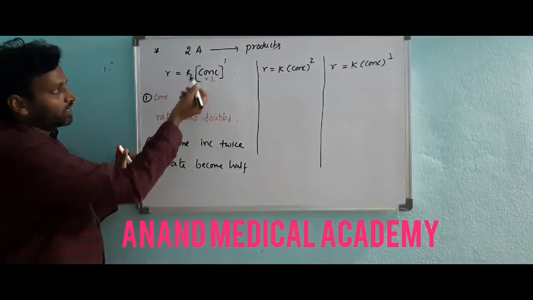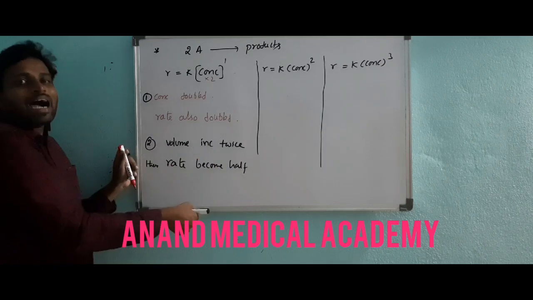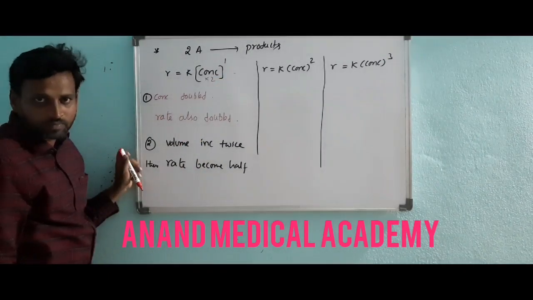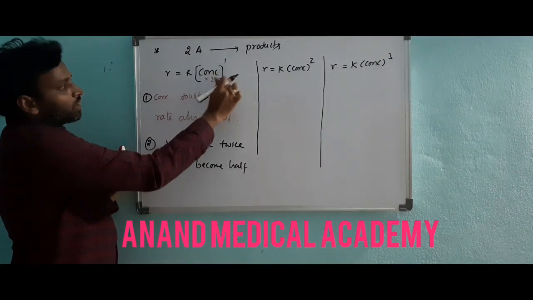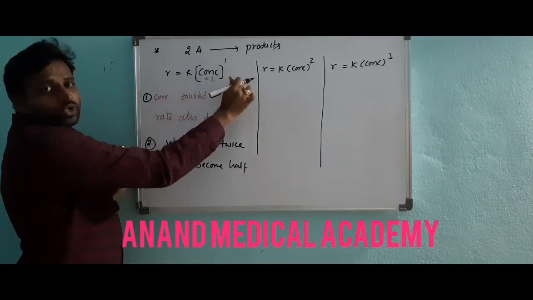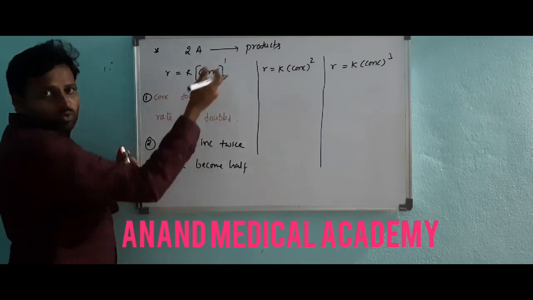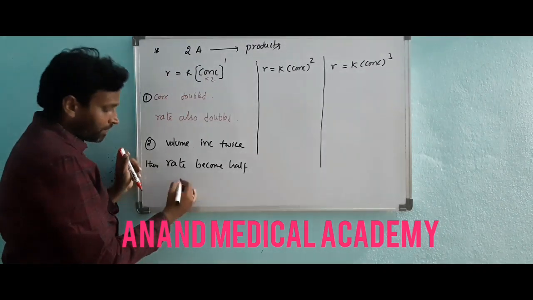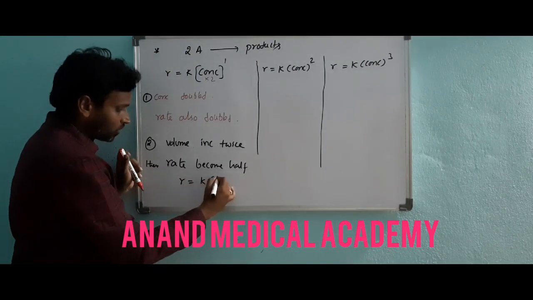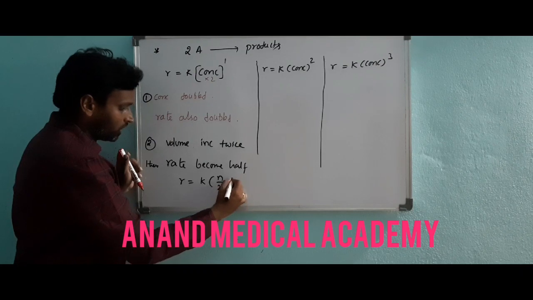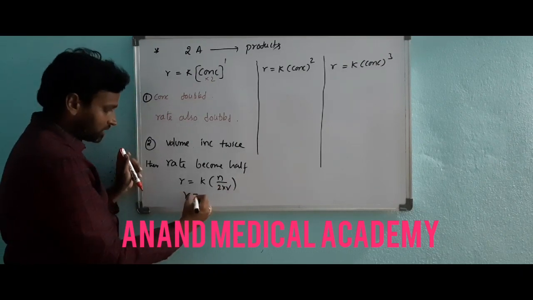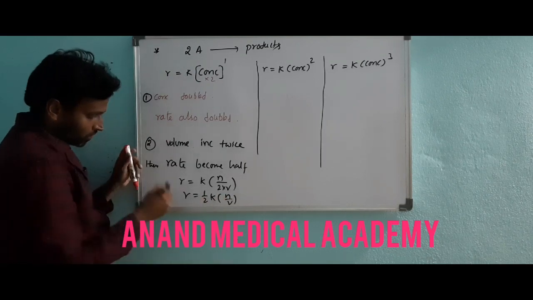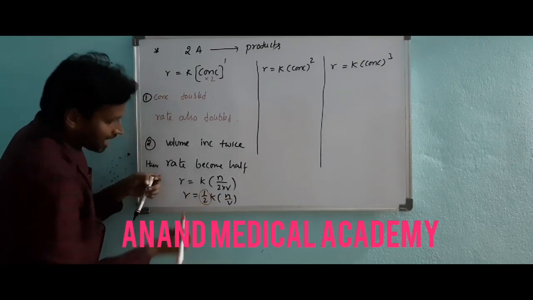If volume is twice for this reaction, then rate becomes half, because R is equal to K into concentration power 1. Concentration is moles per volume; moles are not changing, volume increased. So R is equal to K into number of moles by 2 into volume. Volume was doubled, so R is equal to 1 by 2 into K into number of moles by volume. So the rate became half.